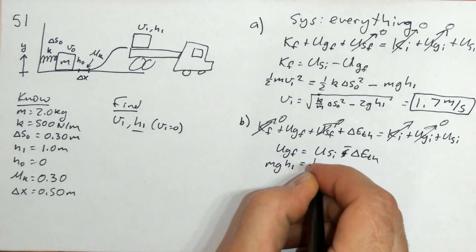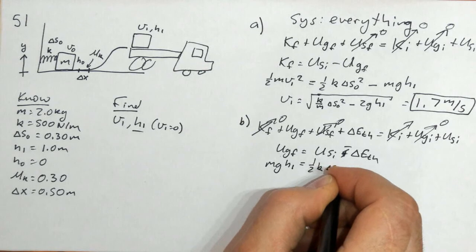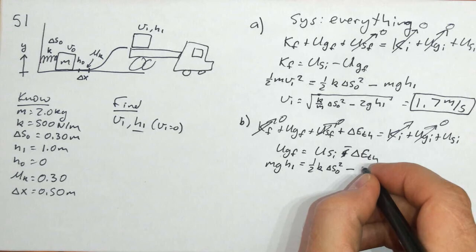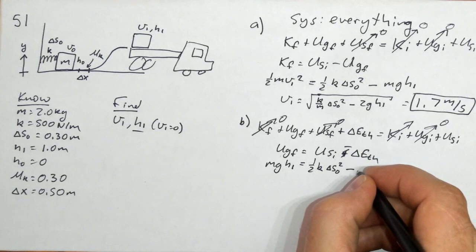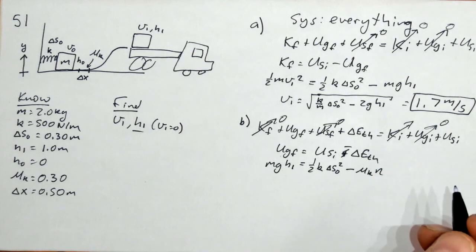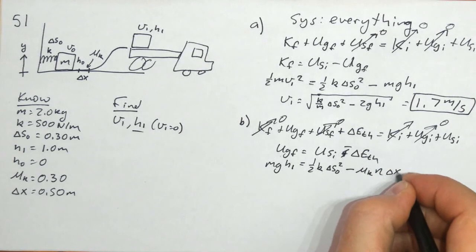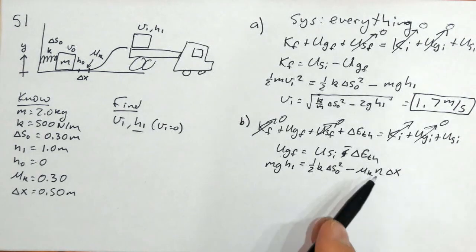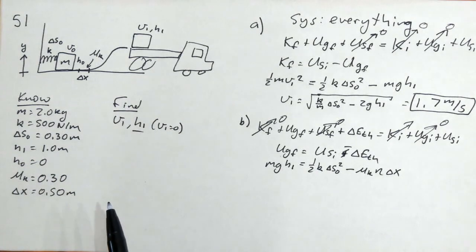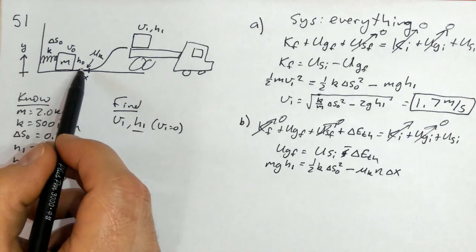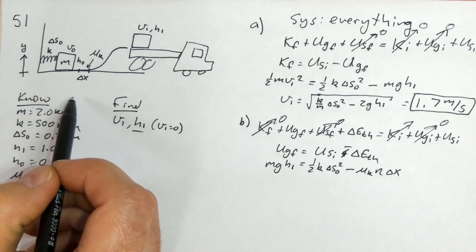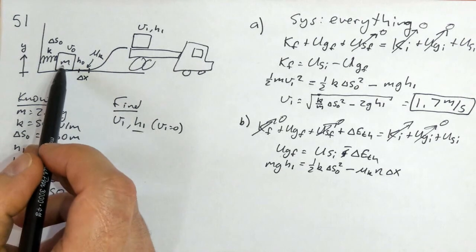Now I can put mgh1 equals 1/2 k delta S0 squared, minus delta E thermal, which is equal to our frictional force, mu k n, times the displacement, delta x. That reminds me that I need to think carefully about my free body diagram. In this case, it's fairly easy to see on this flat spot, where the sticky spot is, that the normal force must equal the downward force of gravity because the box is not accelerating up and down.